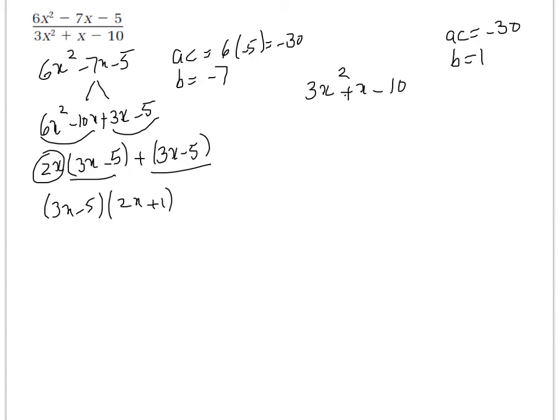We have to find two numbers that their product is negative 30 and they add up to 1. Those two numbers are 6 and negative 5. So I can decompose the middle term to 6x minus 5x. So I can write this as 3x squared plus 6x minus 5x minus 10.